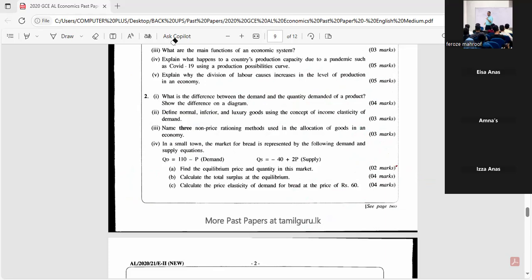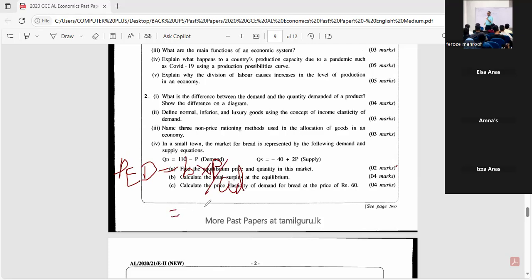Another doubt is asked now, and this also needs to be explained. So please listen carefully. Now, PED is equal to delta QD over delta P into P over QD. All of you know that equation. In that equation, delta QD over delta P is B. So B into P over QD.